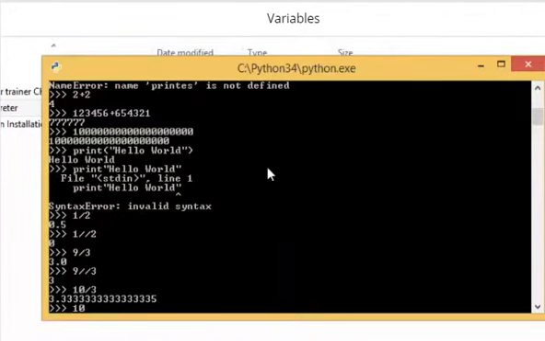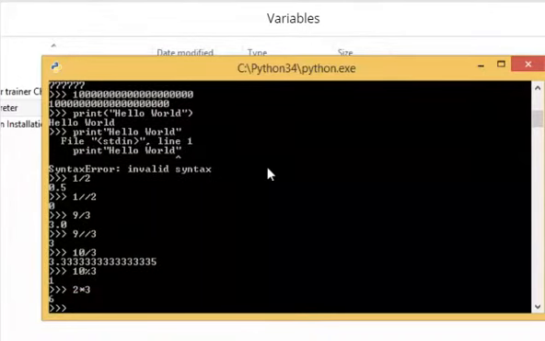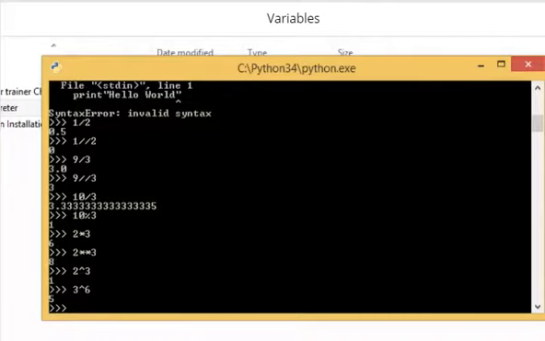If you want to know what the remainder is, you can just write 10 % 3, and it will give you the remainder. Yes, it's that easy. If you want to multiply 2 into 3, it gets you 6. But if you want to calculate an exponent, you just have to write 2 ** 3, and it will give you 8.